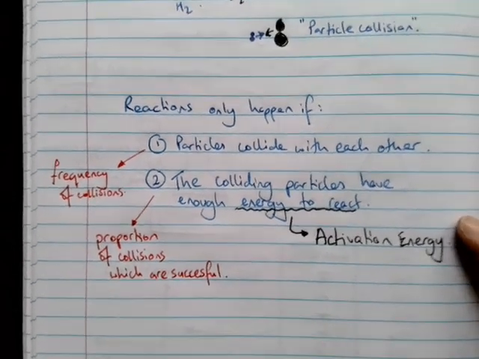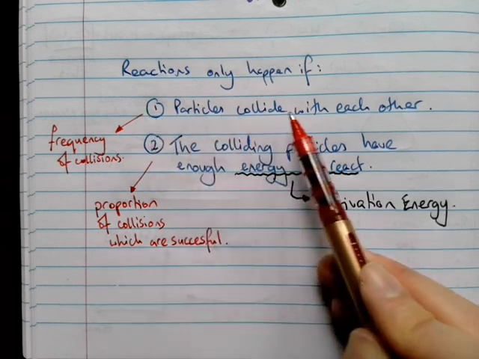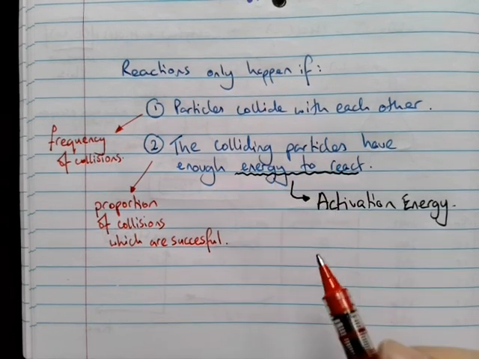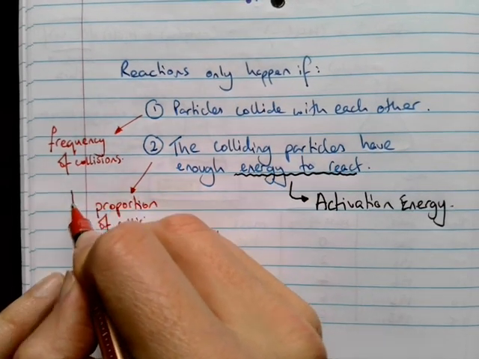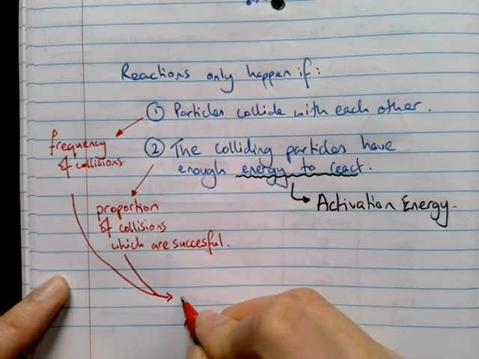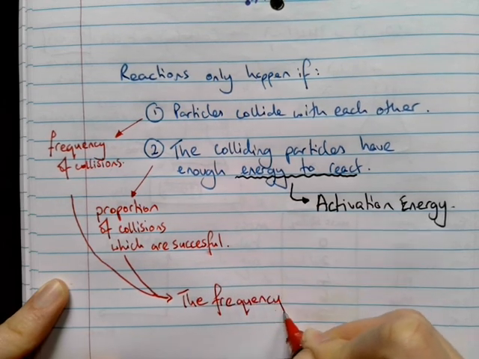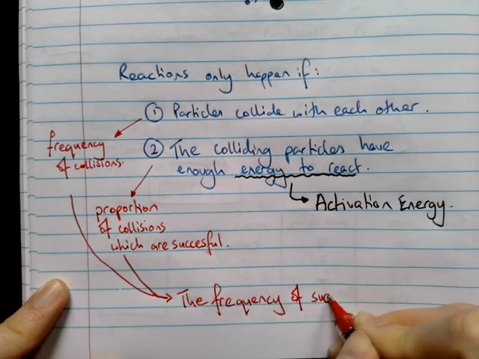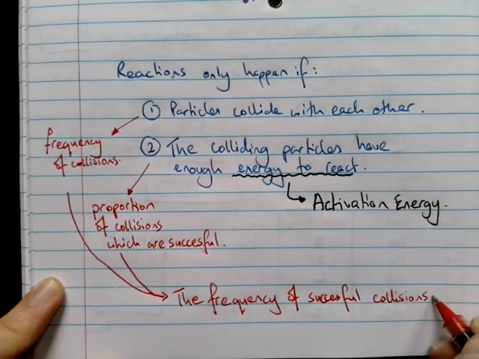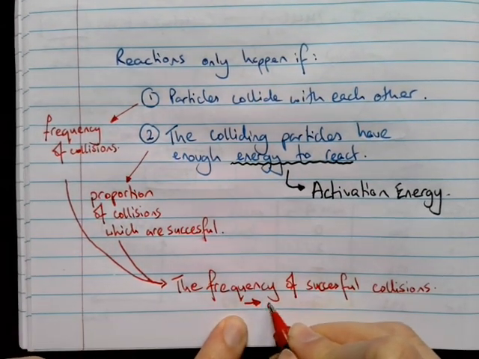Now, in the next part we're going to take these two ideas, the frequency of collisions that happen and the proportion of those collisions which are successful, and combine them into something called the frequency of successful collisions. Okay, and the frequency of successful collisions, that is what determines the rate of reaction.